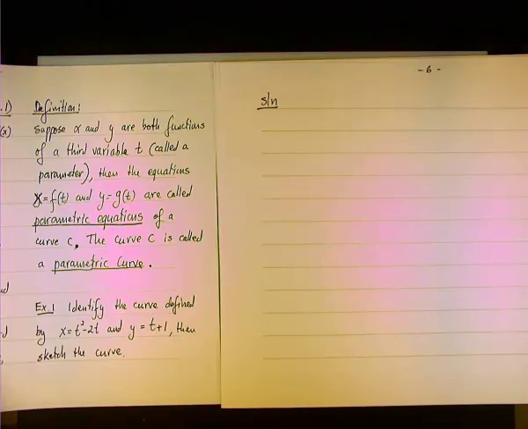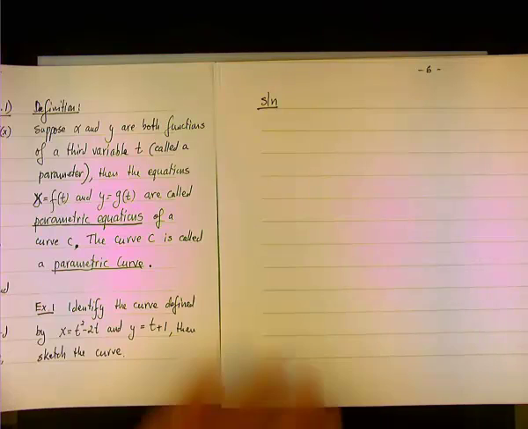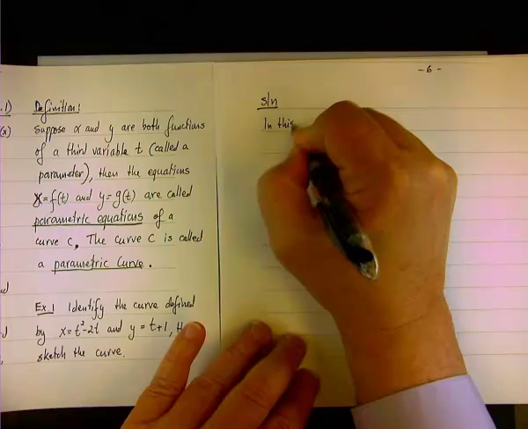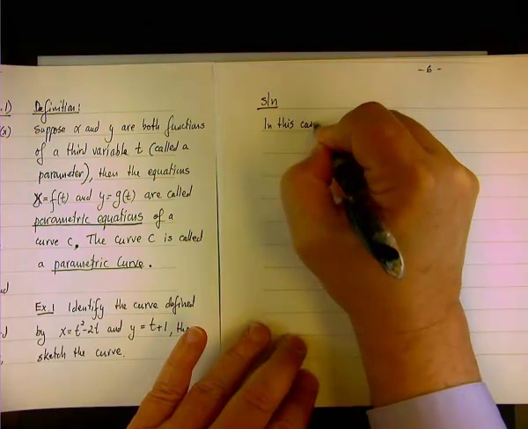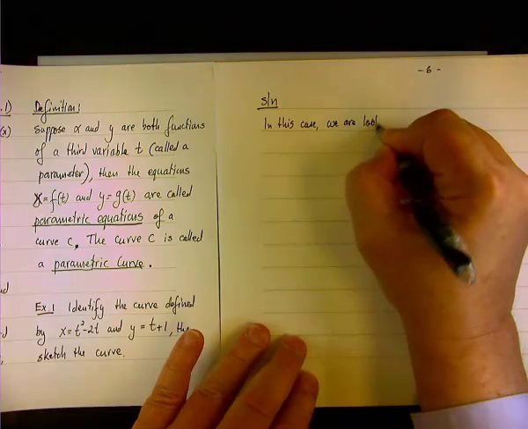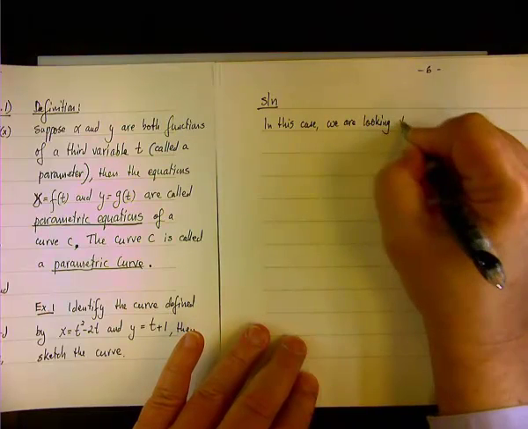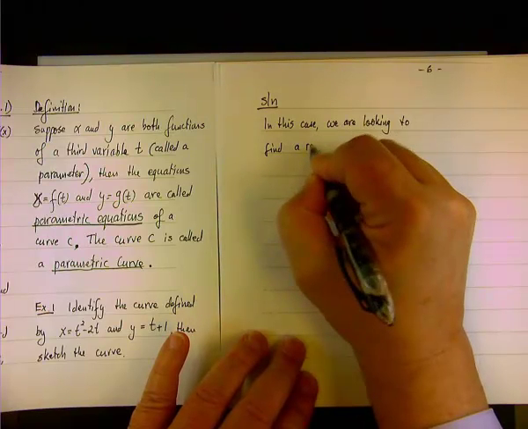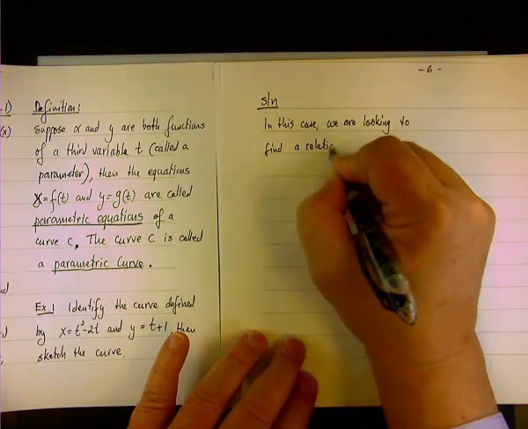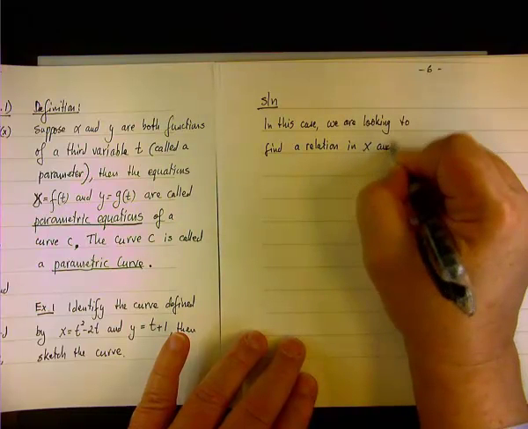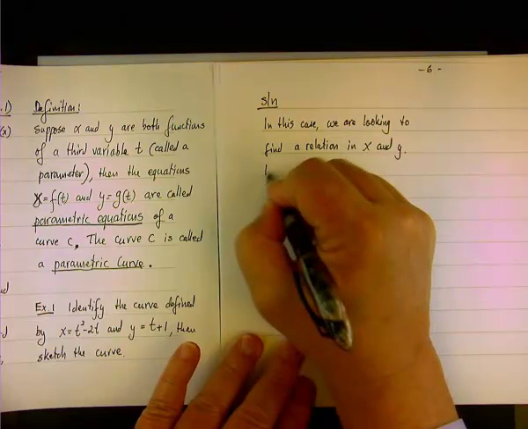The curve can be just a relation. So we need a relation between x and y.